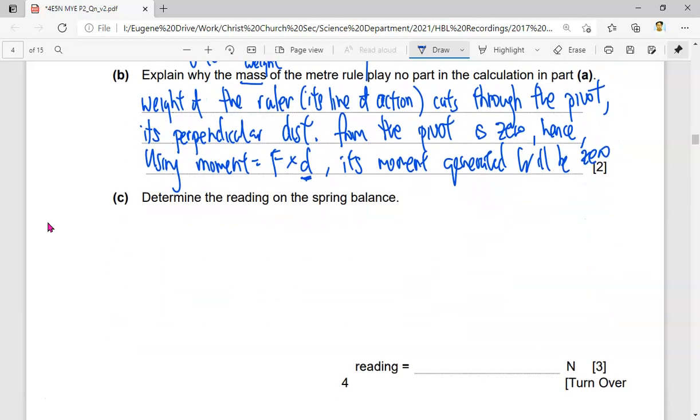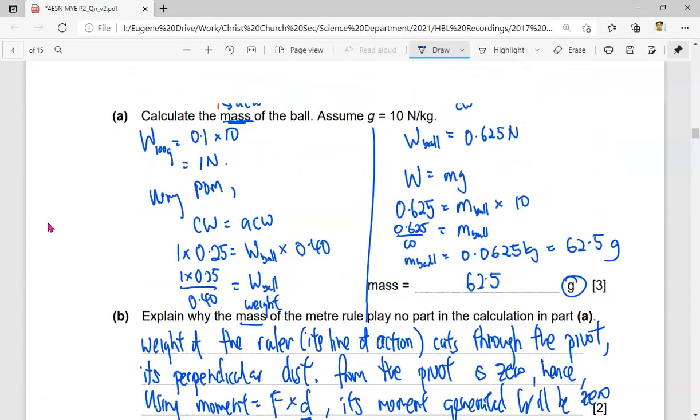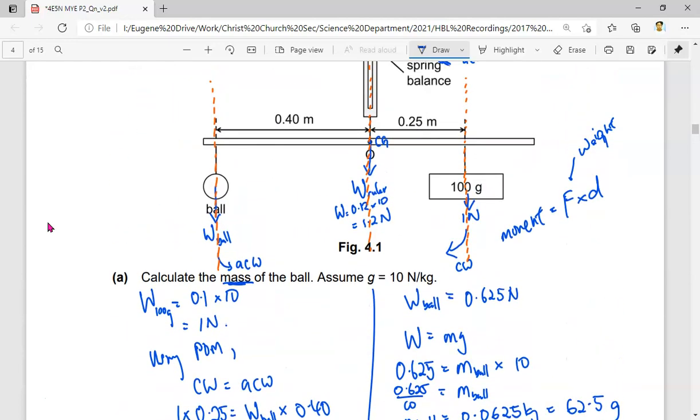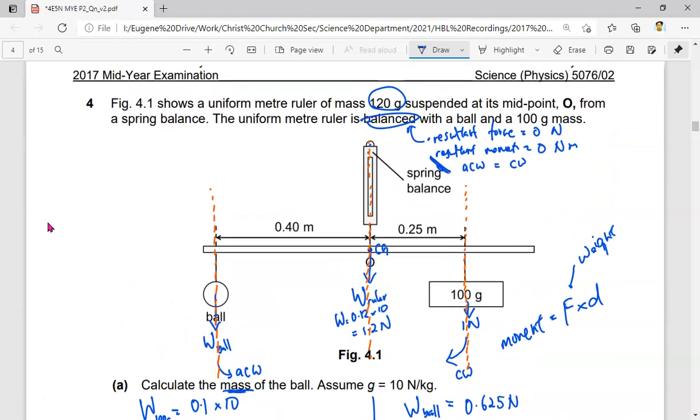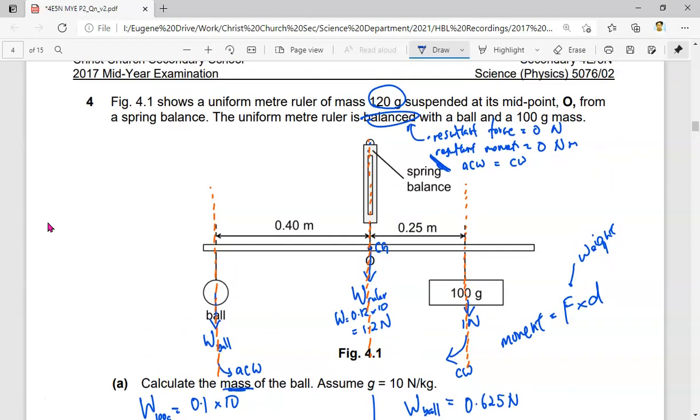Now the last one, it says determine the reading on the spring balance. So this is the part where it gets a little tricky. Why I say a little tricky is that you tell me this spring balance doesn't contribute to the moment, how to find? When you are looking at the word balance, most of you only see it in terms of resultant moment. But actually there's the idea of resultant force equals 0.